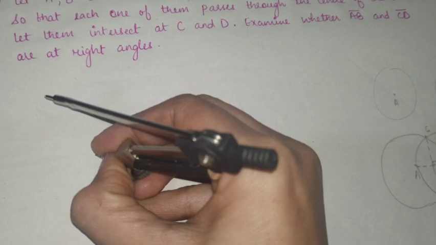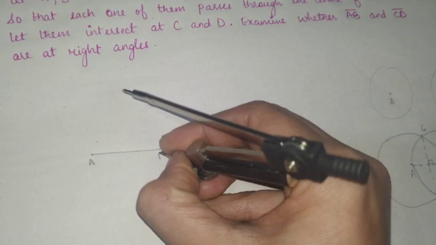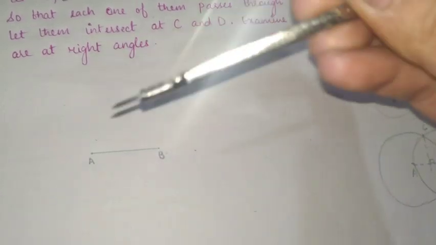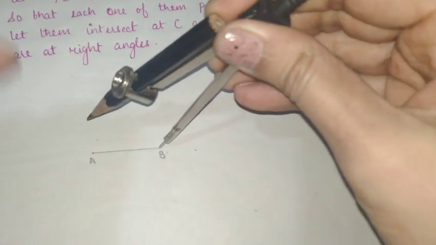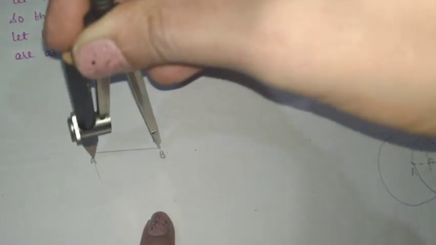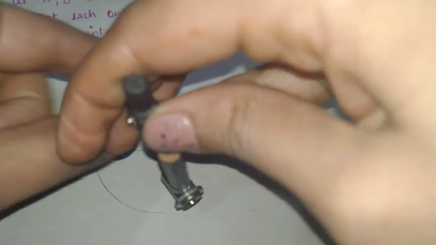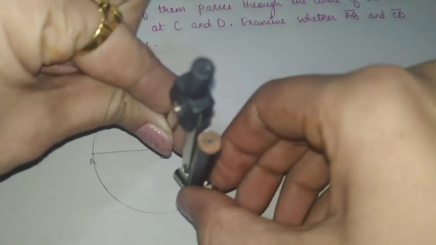And I'll name the end points as A and B. Now I'll open my compass like this. And with the center B, I'll just draw a circle. Now you can see I'm drawing a circle whose center is B and it passes through the center A, which is actually the center of the other circle.